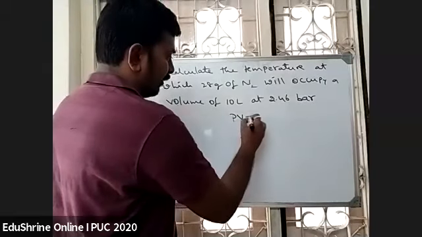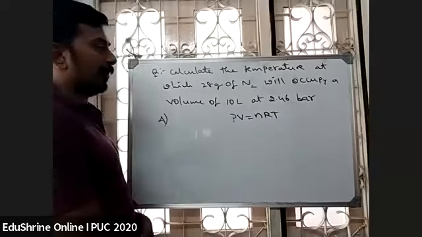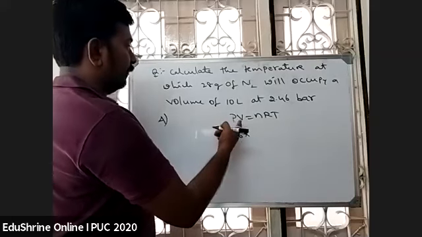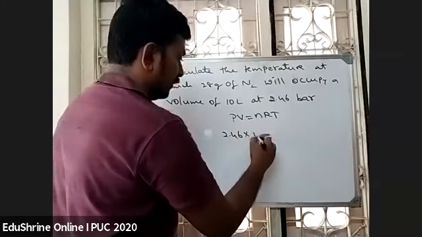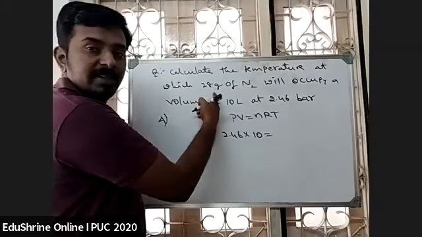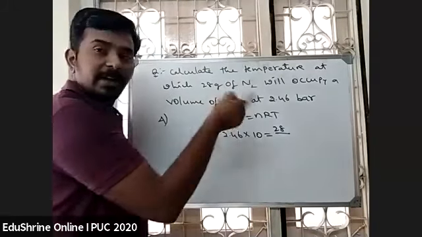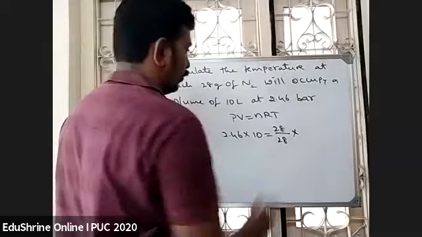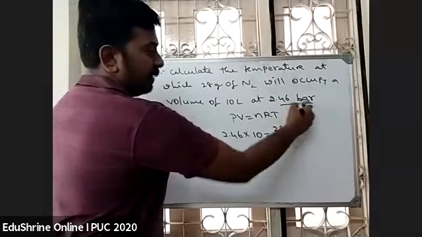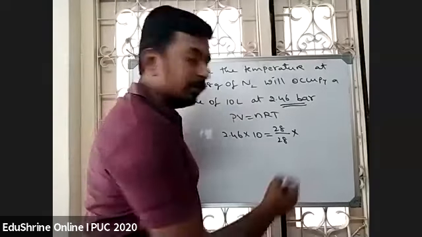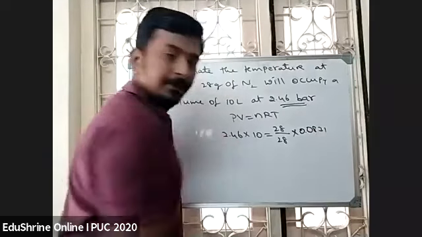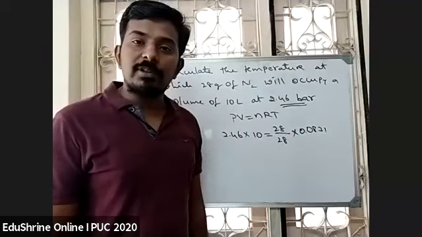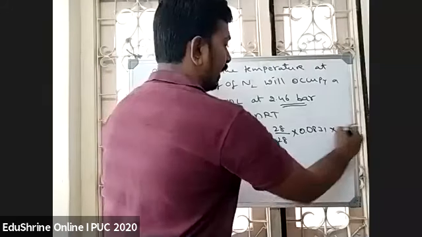By using the equation PV = nRT, pressure given is 2.46 bars into volume given is 10 liters, which is equal to number of moles, mass 28 divided by molar mass of nitrogen, which is also 28, into the value of R. Here pressure is given in bars, so the value of R you need to use is 0.0831, into temperature, which you need to calculate.